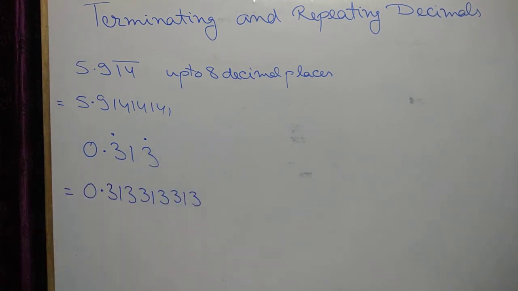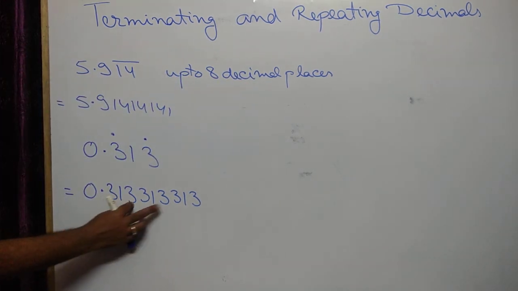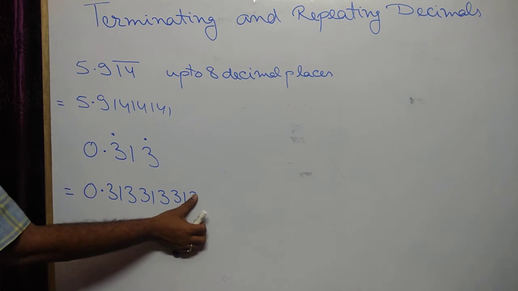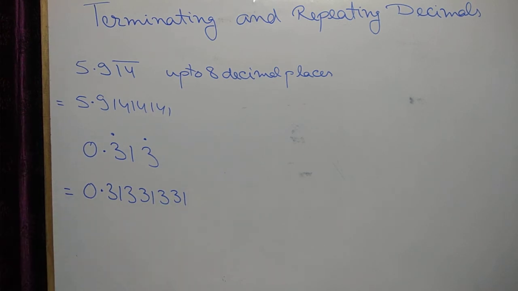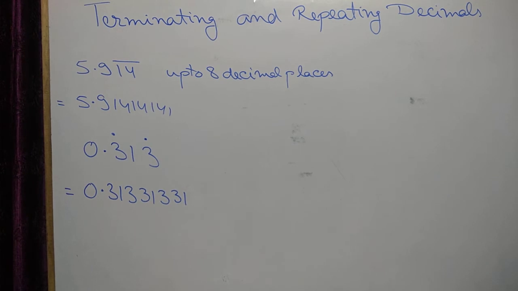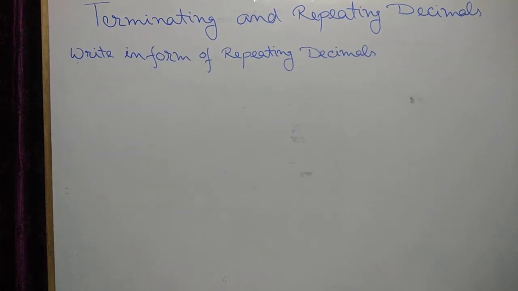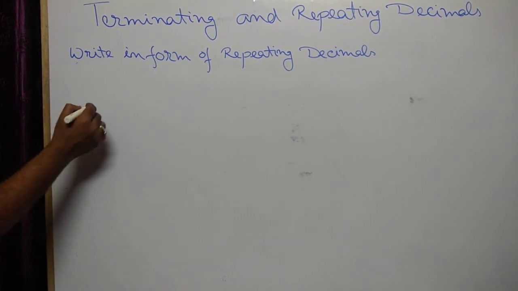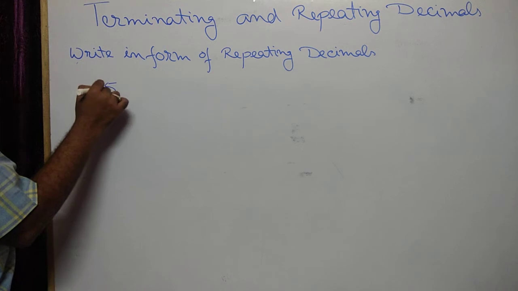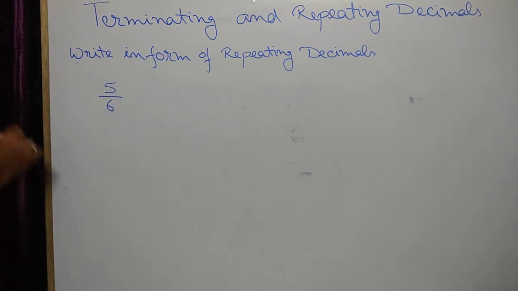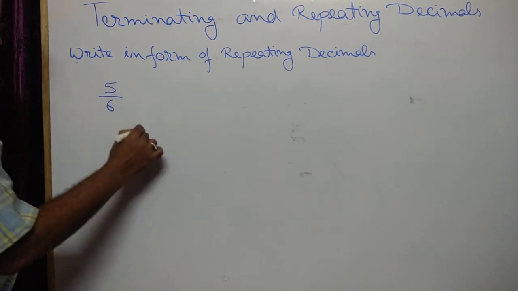Likewise we have to continue, but in this case the question says up to 8 decimal places. So check 3 3 6 to 8. So we have to round this one now. So this is your solution. Hope you can easily understand. Move to the next question. It says write in the form of a repeating decimal. For example, I am picking a very simple one, 5.6. In this case we do the actual division.